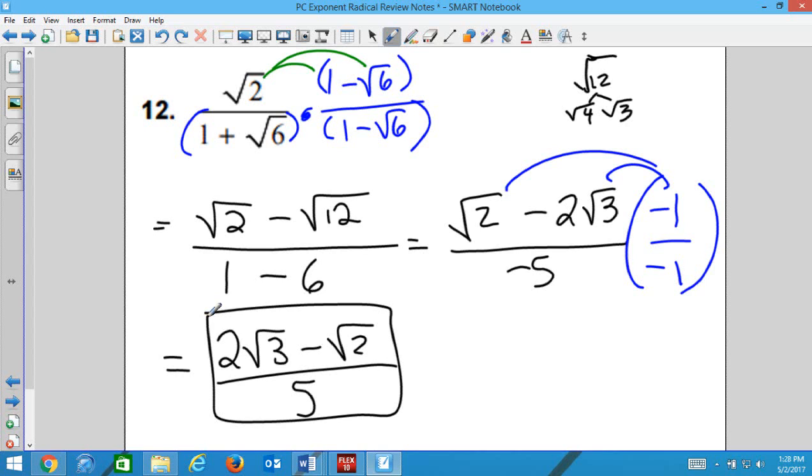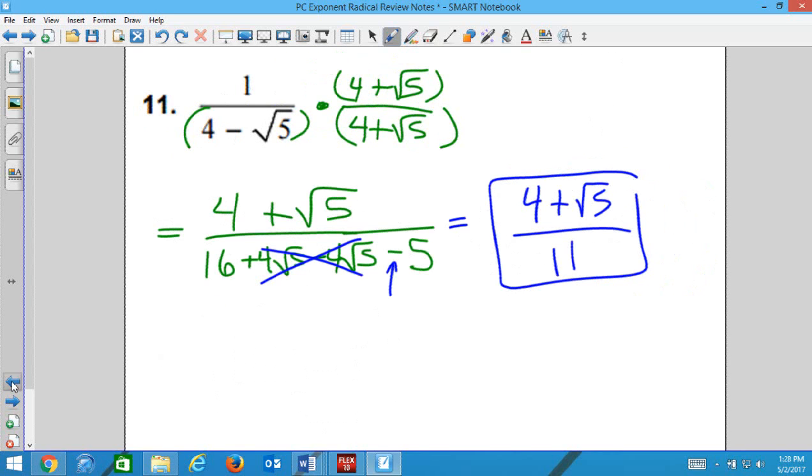If you could do that with number 12 and number 11, could you multiply the top and bottom by 5 and then put the 5 under the radical? You're talking about number 11. Can you multiply by what? 5 over 5. At the end?